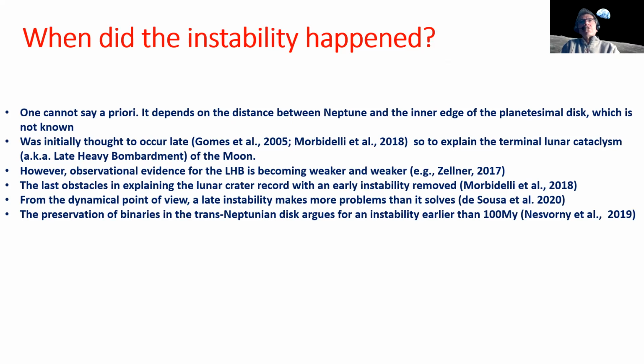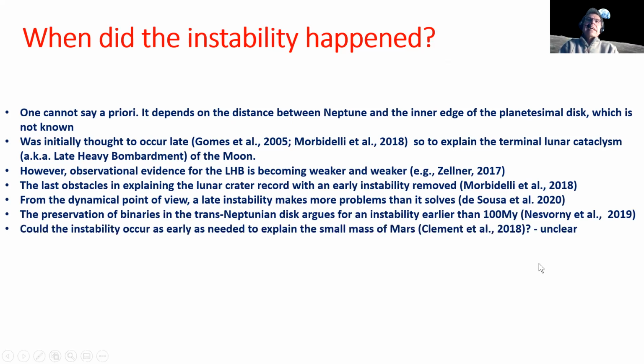And binaries tend to be destroyed by mutual collisions. And so Nesvorny showed that if the trans-Neptunian disk lasted for more than 100 million years, it's unlikely that binaries would have survived. So the fact that binaries survived and we can still see them among the Trojans and the hot population argues that the instability occurred earlier than 100 million years.